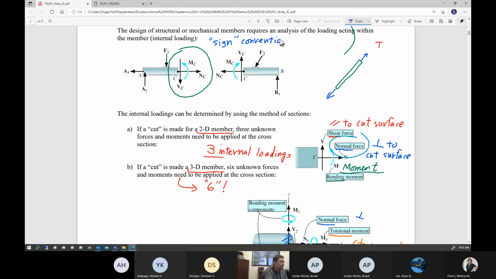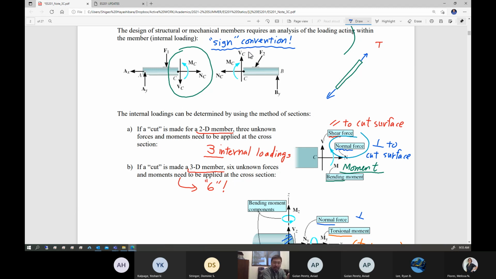It's the same with trusses, basically, just switch the direction if I get a minus. So suppose I have no clue which direction of the moment or normal force or shear force. I'm going to assume this is the direction of normal force, this is the direction of shear, this is the direction of bending. Although I have no clue, this is just my guess. But it's called sign convention.